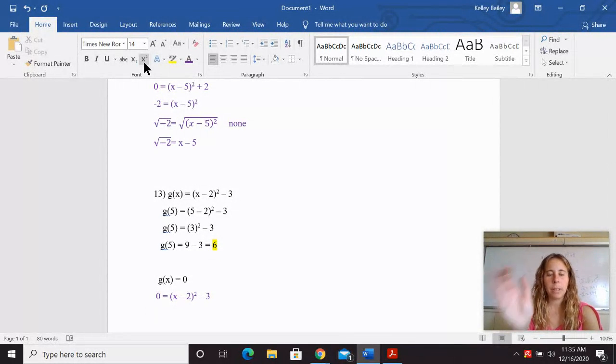Oh, my bad. So now we're solving for x again. Remember, you're doing reverse PEMDAS, working from the outside in. So I'm going to add 3 to both sides to get rid of this negative 3. It's going to be 3 equals (x minus 2) squared.